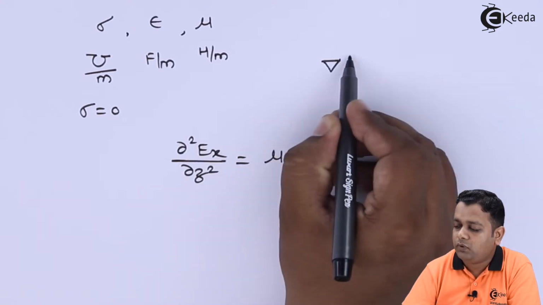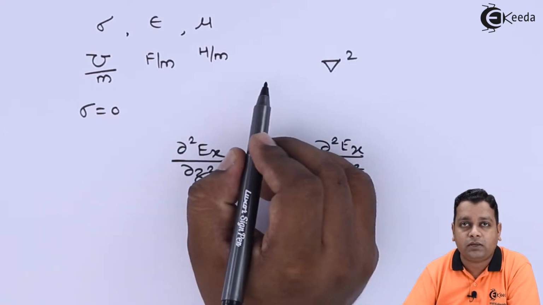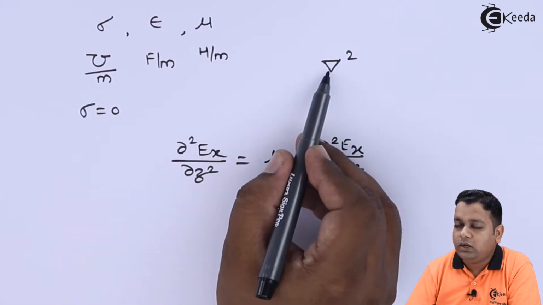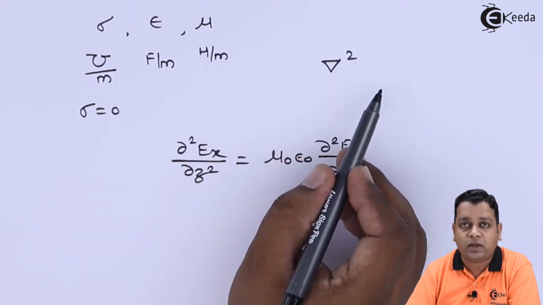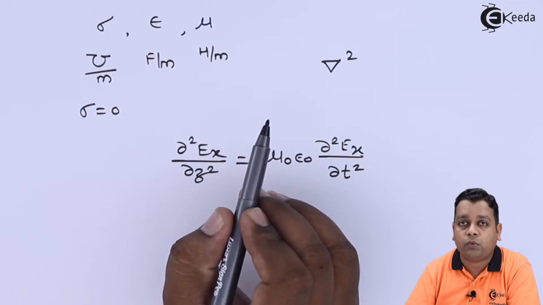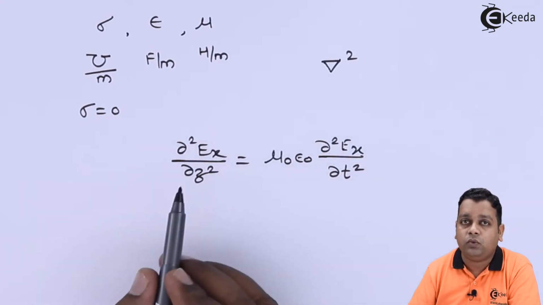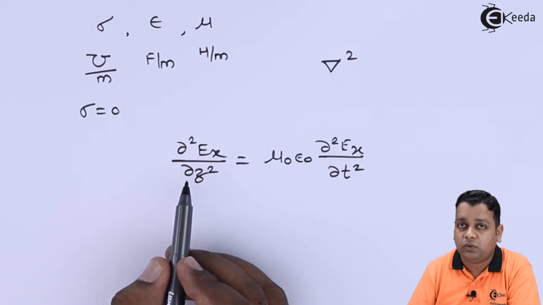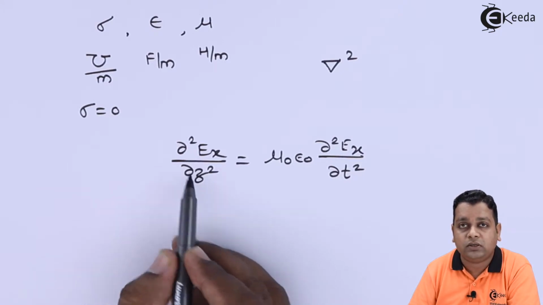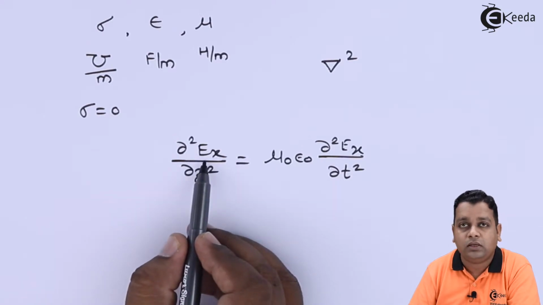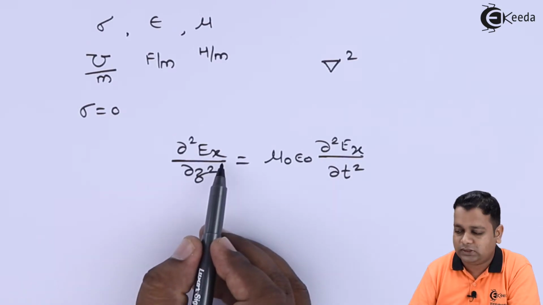That del squared was actually the Laplacian operator. It is basically a scalar in nature, so it has three components x, y and z. As we consider the propagation of the wave in only the positive z direction, only one partial derivative with respect to z, of second order, is considered, and we consider the electric field along the x-axis.